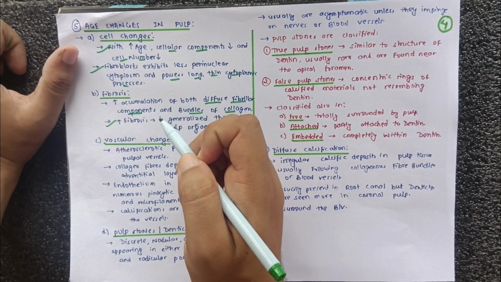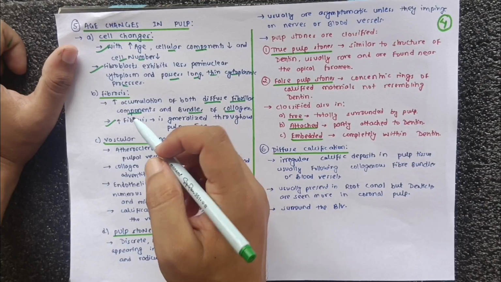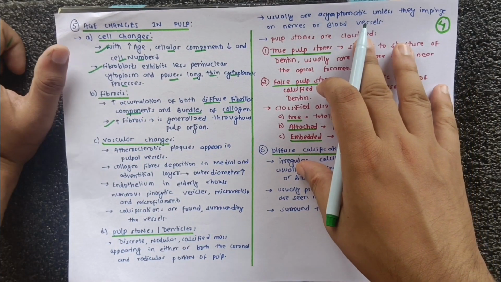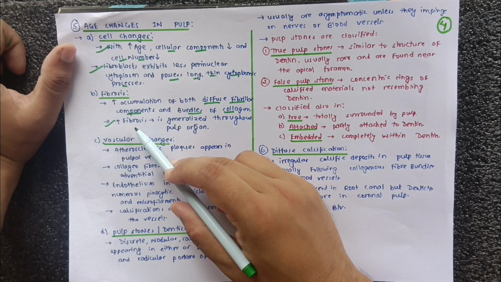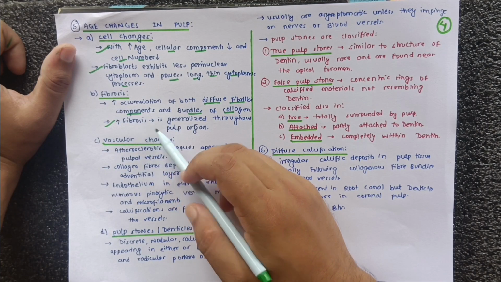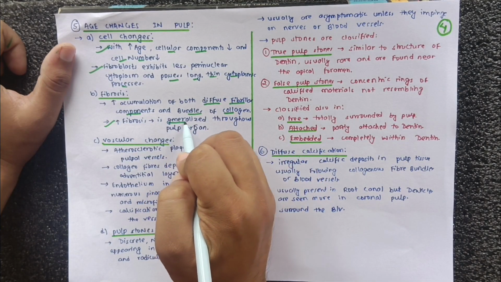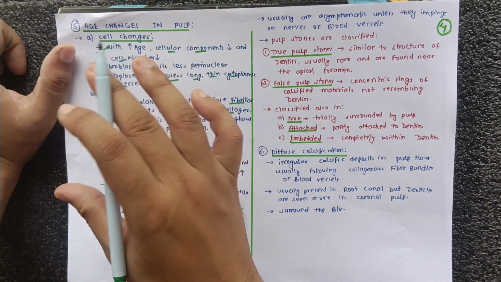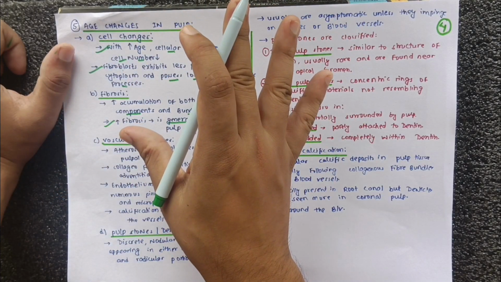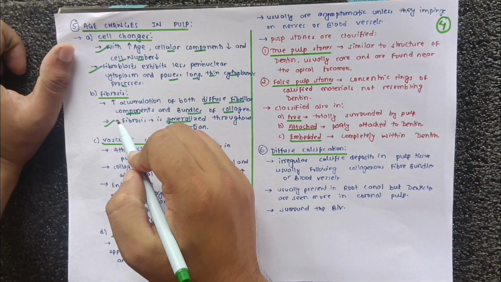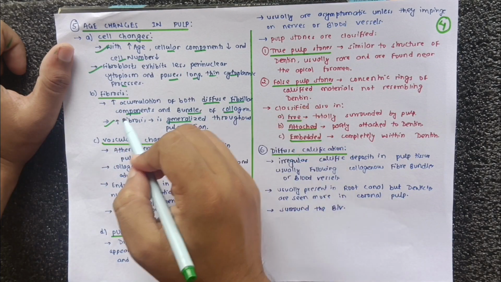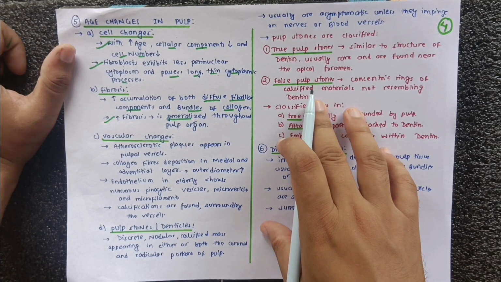The point it wants to tell us is that fibrosis increases with age, and the fibrosis in the pulp is generalized, which means it is not accumulated in a certain part of the pulp but is generalized throughout the pulp. In such a pattern there is an increase in fibrosis. Also there is accumulation of both diffuse fibrillar component and collagen bundles, so you can remember this.